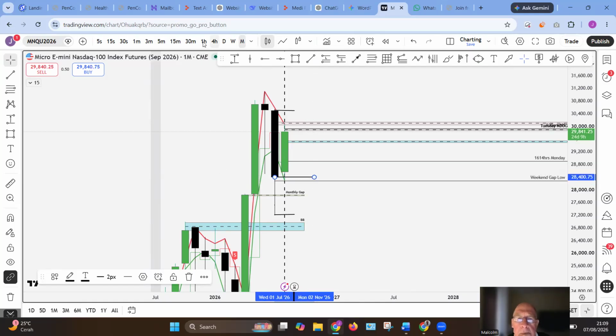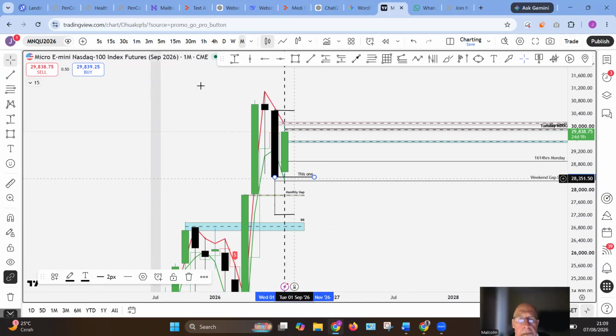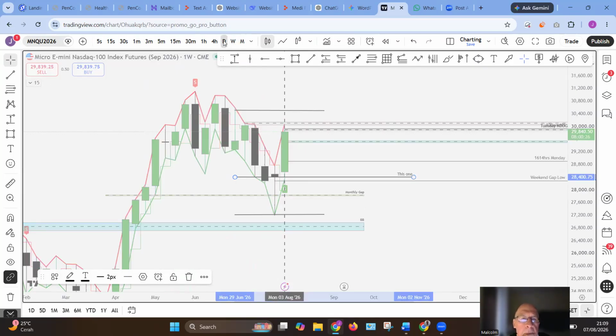Drop down to whatever time frame you like. I could look at the weekly, but that one went down, went back up. That's the weekly.